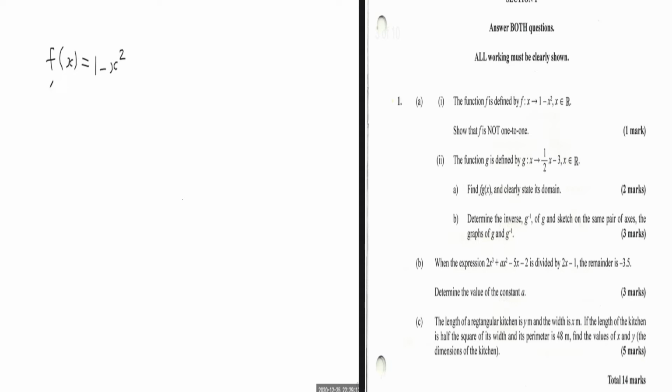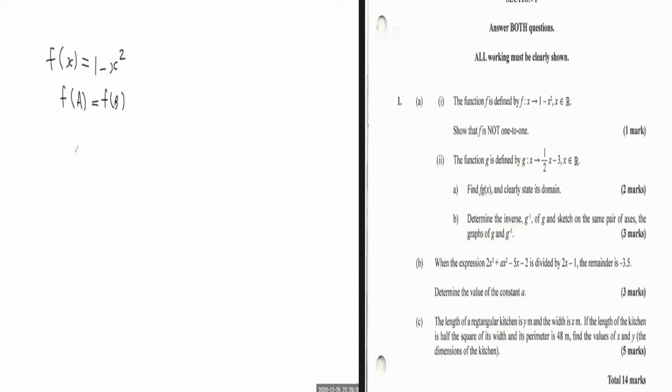But generally, this is what people do. To show that it is not 1 to 1, we show that f of a is equal to f of b does not imply a equals b.